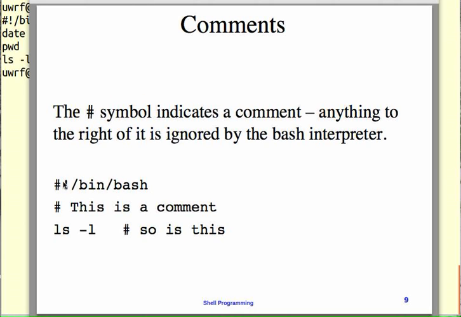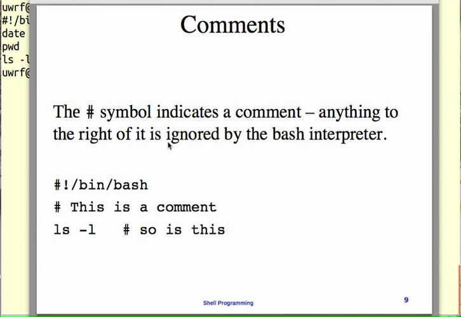That is also a comment, but it's a very special comment in that it tells the system, okay, don't execute this line, but it's telling the operating system that this is the interpreter that will run the actual lines of code that are not comments. Okay, so the # indicates a comment.